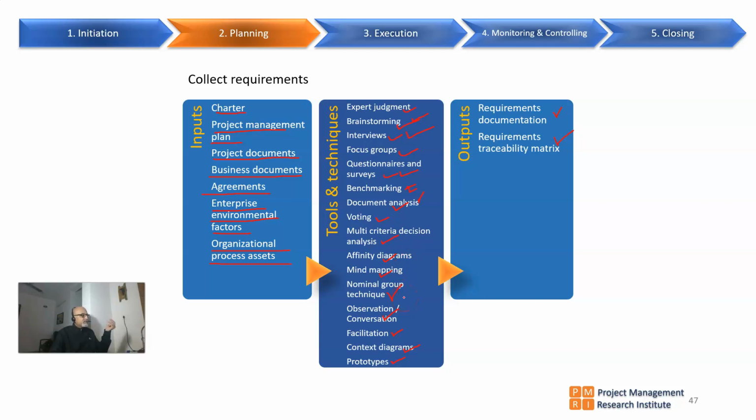The nominal group technique is about dedicated groups. Observation and conversation: just by observing the environment and conversing with people, you will get to know requirements. Facilitation is about facilitating the requirements. Context diagrams and prototypes also help. Sometimes in IT, prototypes are widely used. In building, modeling is also used to elicit requirements.